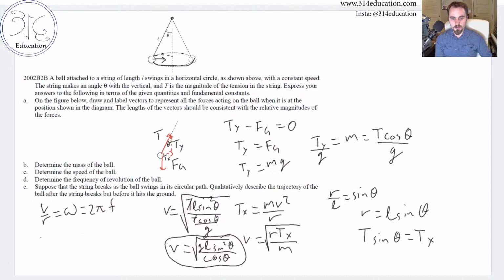So v over 2 pi r equals f, which in our case would be this guy from before, g L sine squared theta over cosine theta, divided by 2 pi times our radius, which we said was L sine theta.